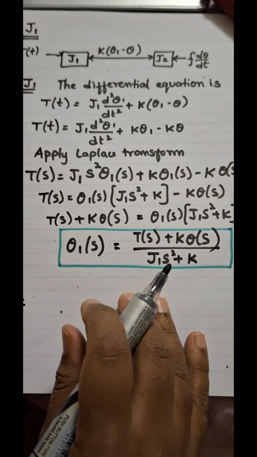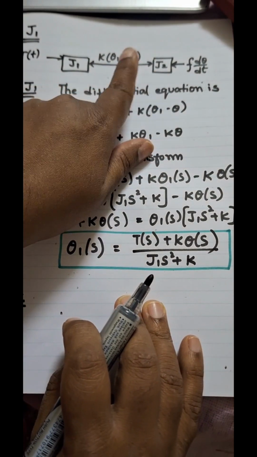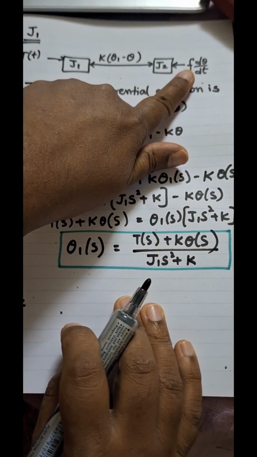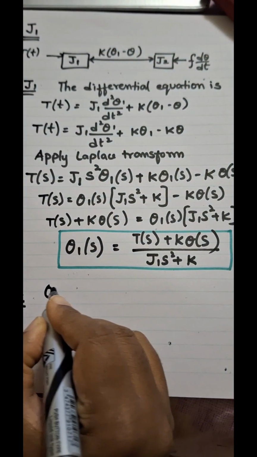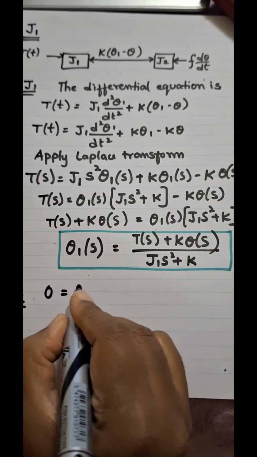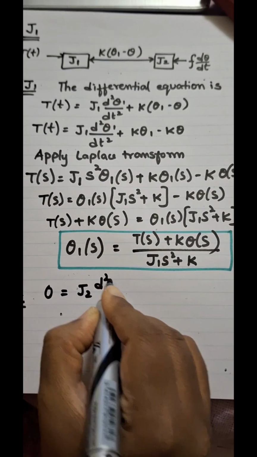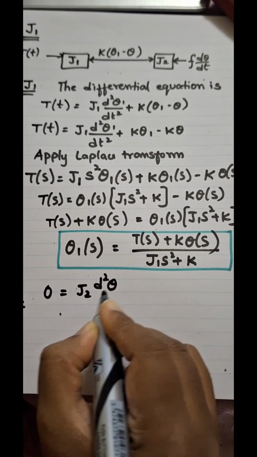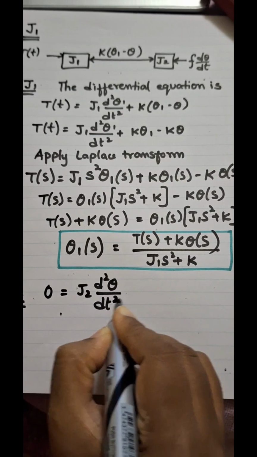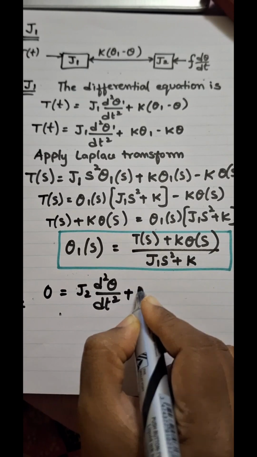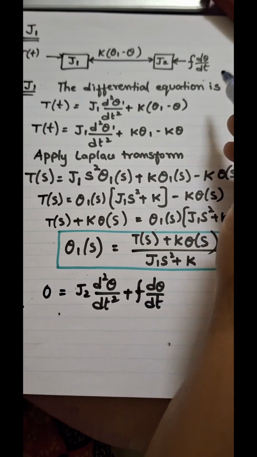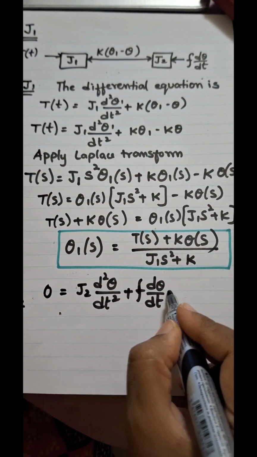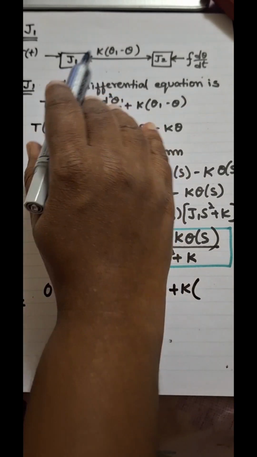So for J2, if you see, J2 is having only k and f, but there is no T. So 0 is equal to J2 d square theta by dt square plus f d theta by dt, because it is having f, plus k is between both.